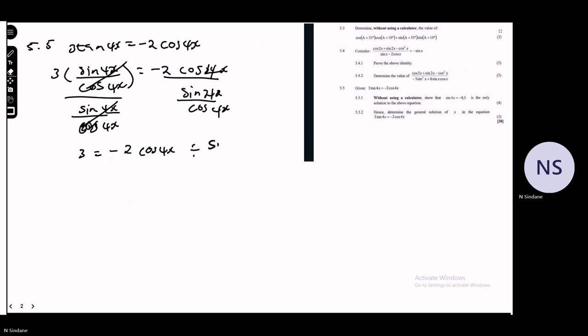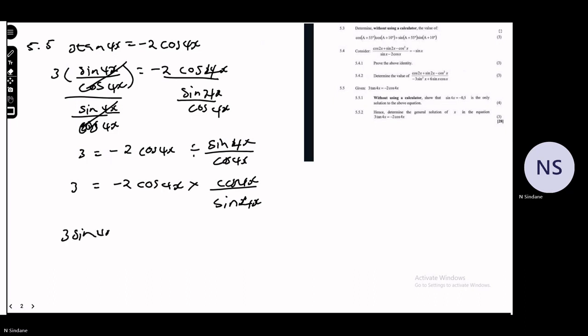This is like dividing by sine of 4x over cos of 4x, so 3 is equal to negative 2 cos of 4x multiplied by cos of 4x over sine of 4x. Then rearranging this, it will give me 3 sine of 4x equal to negative 8 cos squared of 4x.